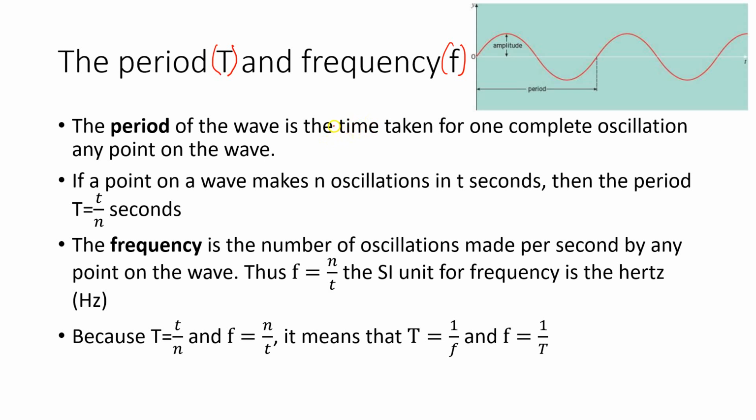So we're going to look at what we mean by one period very soon. And it says, what if the points on a wave make n oscillations in t seconds? Then we can find the period by dividing the time taken to complete those oscillations by the number of oscillations, as you can see here. Most times we are asked to find the period, which is just the time taken to complete one oscillation.